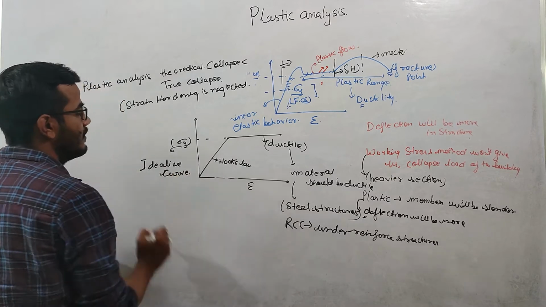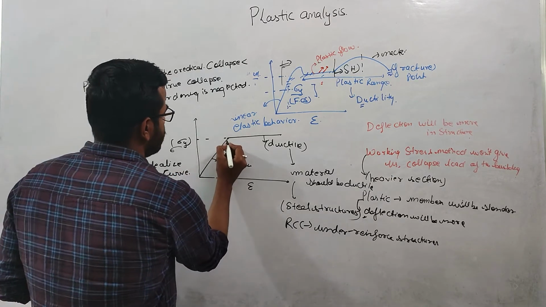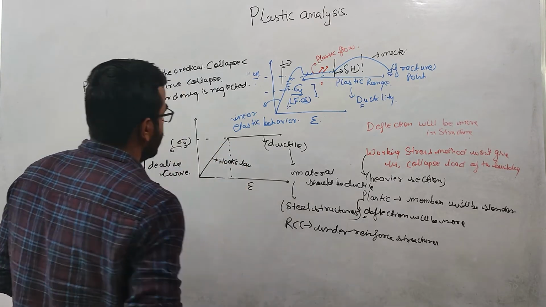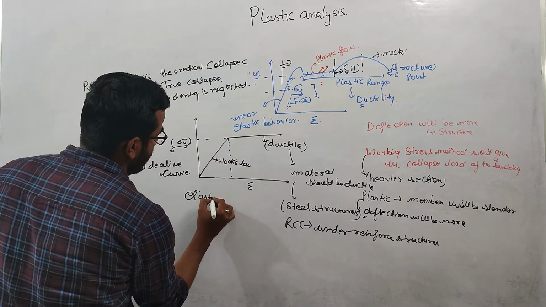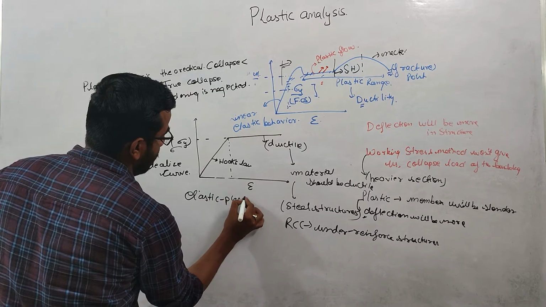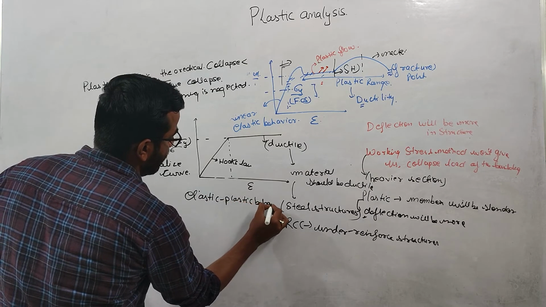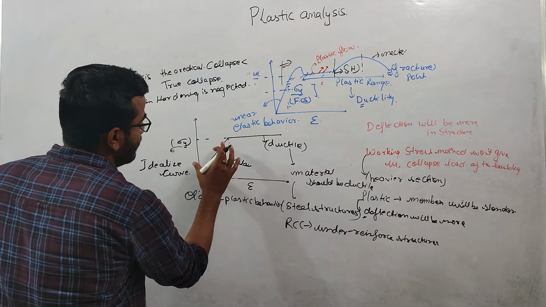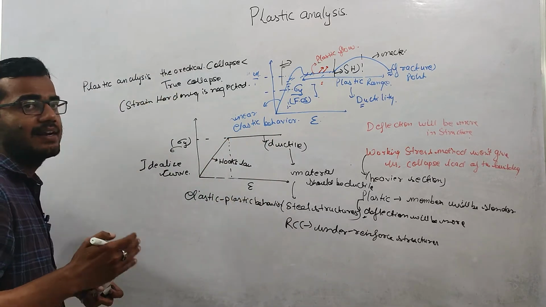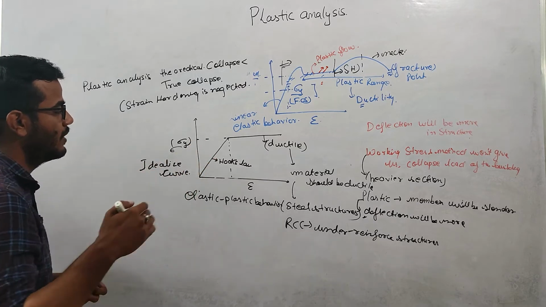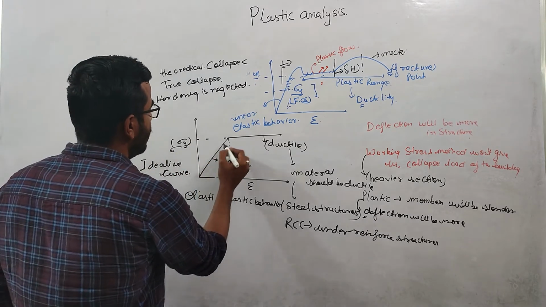And one more thing, this is basically the elastic plastic behavior. Up to this portion it is elastic, and beyond that it is plastic. But in reality, there is not a single material which will give us exactly this behavior.